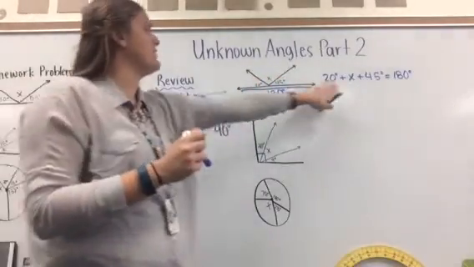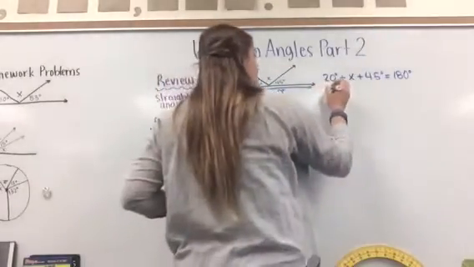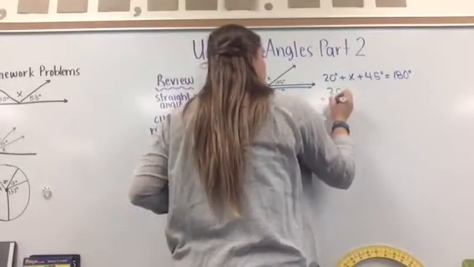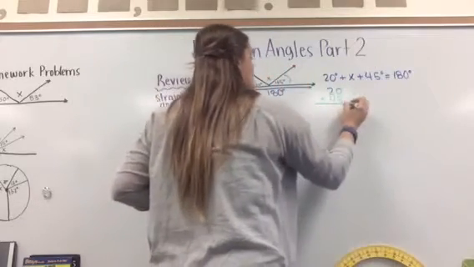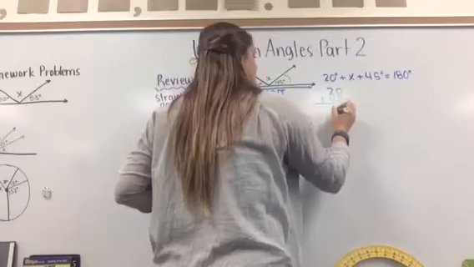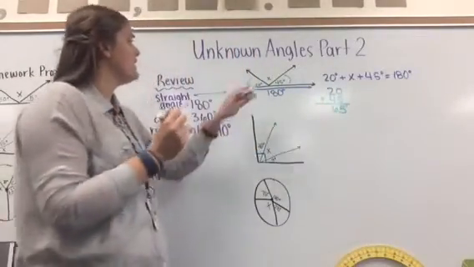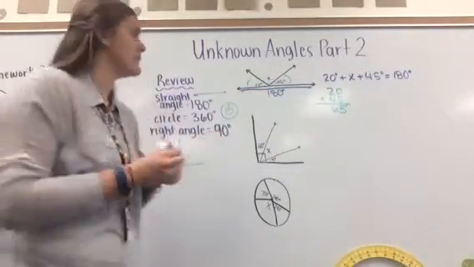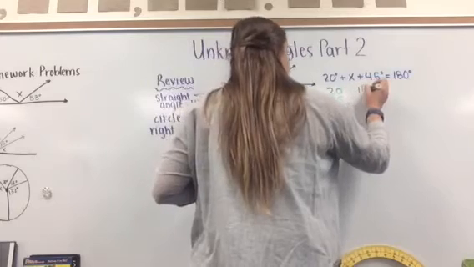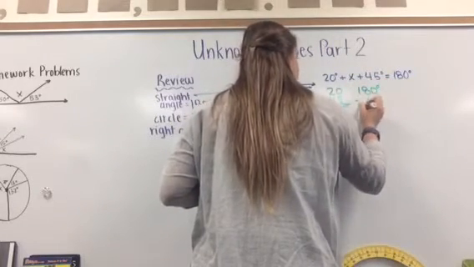Now that's the equation I would write for this problem, but what I would do to solve this is I would add 20 plus 45, so I'm adding these 2 angles together, which would give me 65 degrees. And then I'm going to subtract that total. I'm going to subtract 65 from my total straight angle. So then the next step would be to do 180 degrees minus 65 degrees.